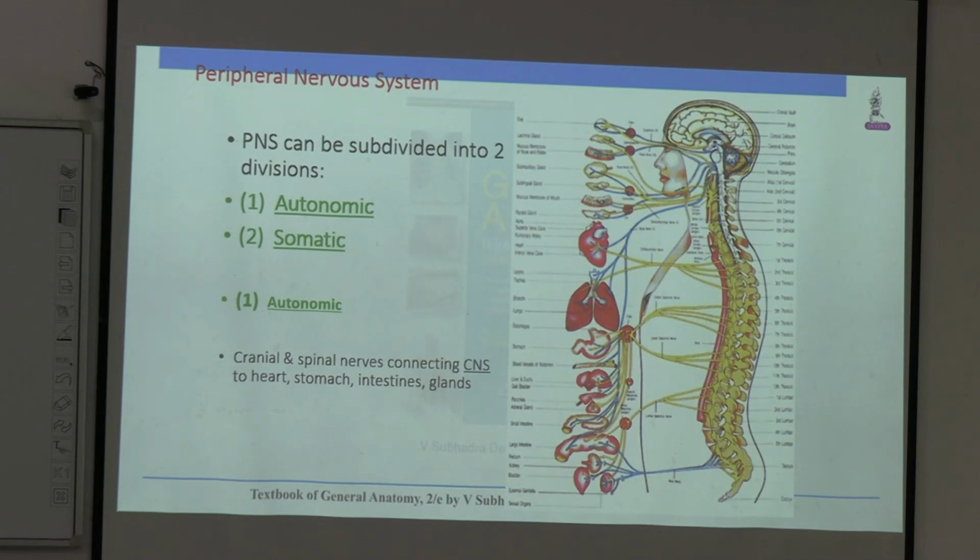Whether you are sitting or running, there is autonomic control of the heart rate and breathing. Autonomic nerves have two divisions, sympathetic and parasympathetic. One is increasing, the other is decreasing. We'll come into it later. So this unconscious control of the viscera, organs, heart, stomach, intestine and glands is contributed by the nerves known as autonomic nerves.